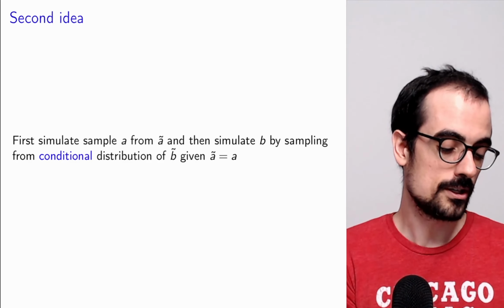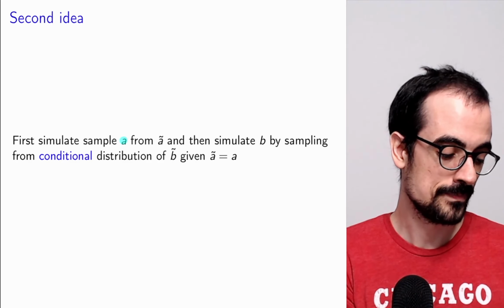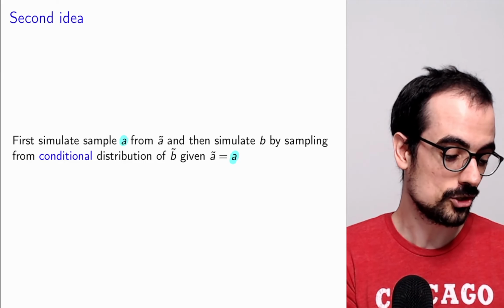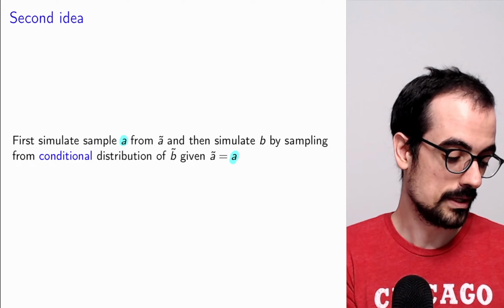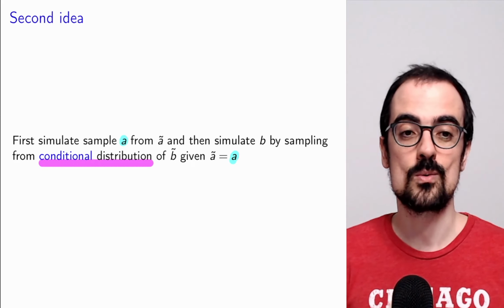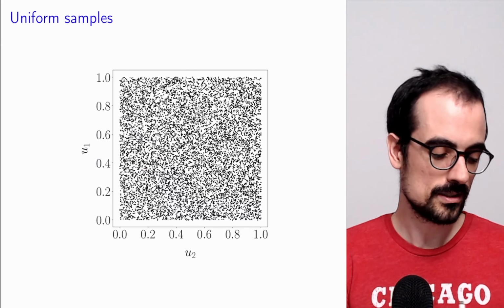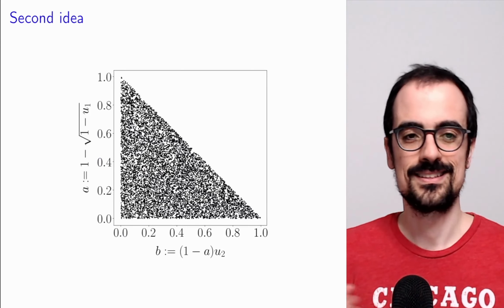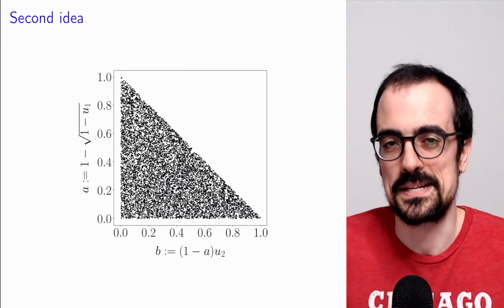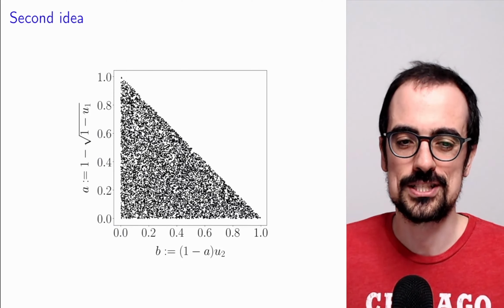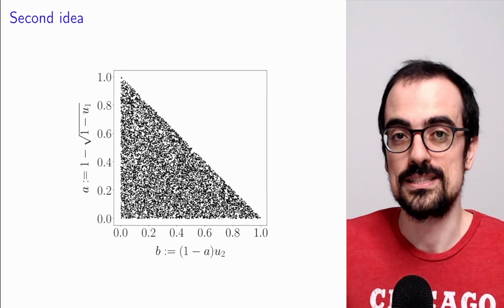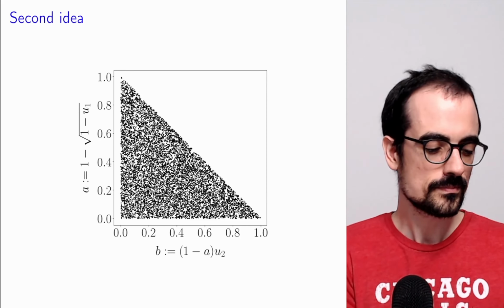We need to first generate one of the samples and then generate the other sample conditioned on that value. We need to sample from the conditional distribution of the other one given that guy. If we do that, then it works out and we actually get samples from the triangle. This is explained in more detail in the video on simulating joint distributions of random variables.